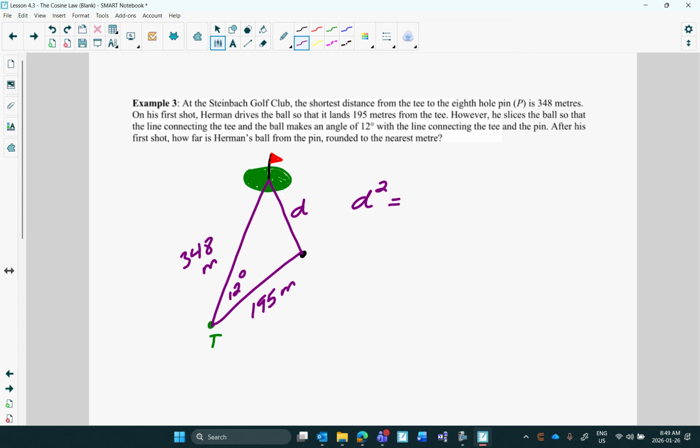Now we take the other two sides, square them and add them together. Then we subtract 2 times those other two sides multiplied by each other, and also times the cos of the angle opposite the side we're trying to find. So that's how it should look when you set it up.